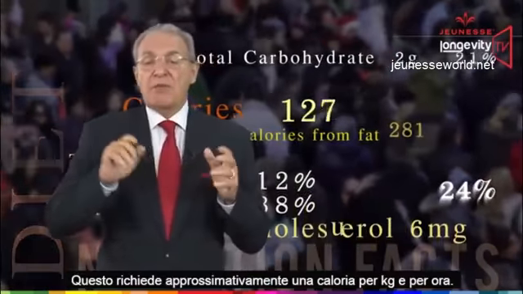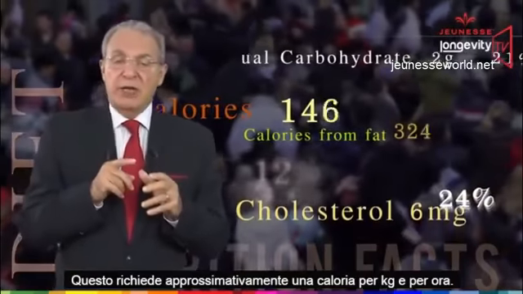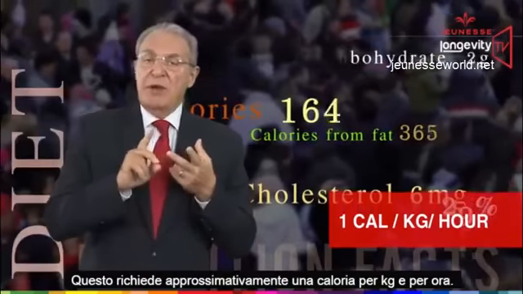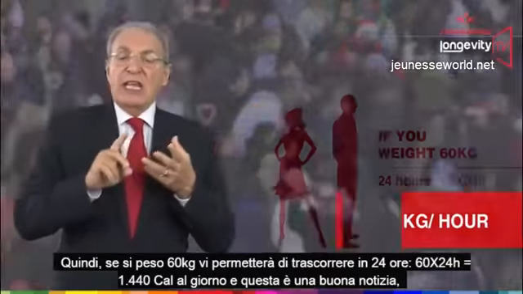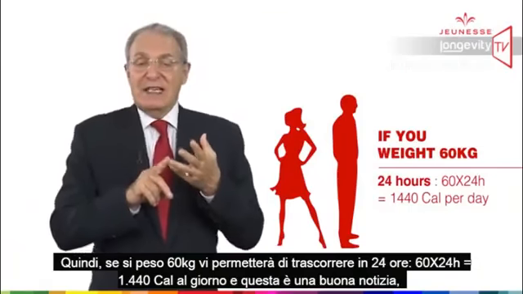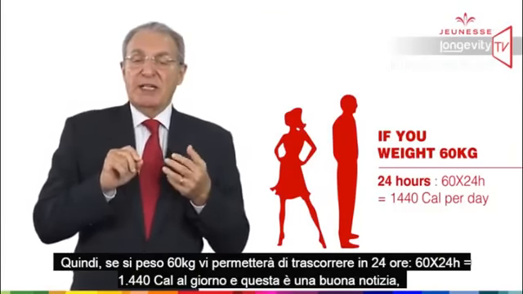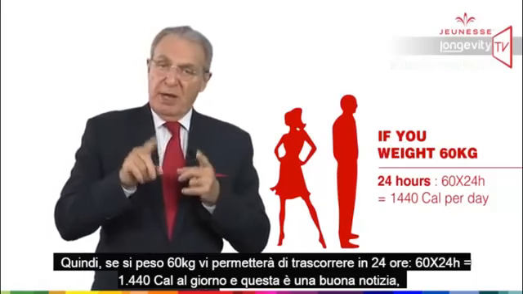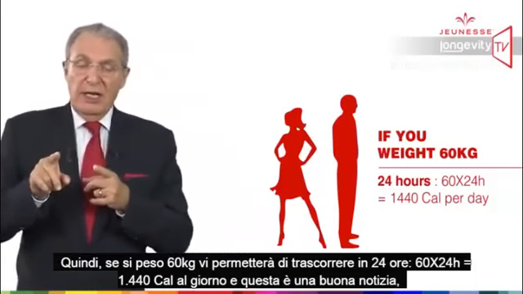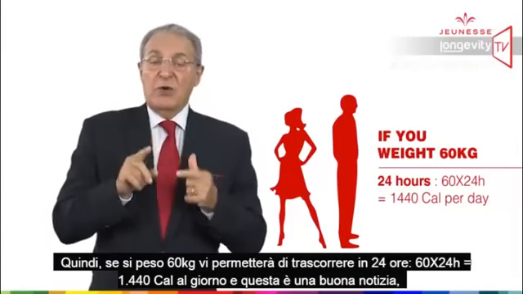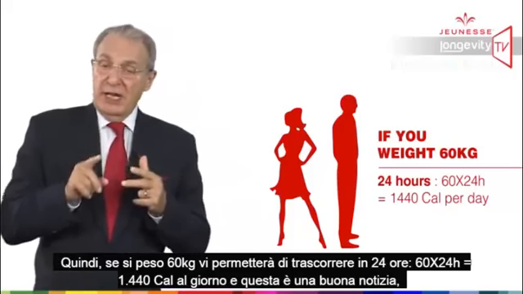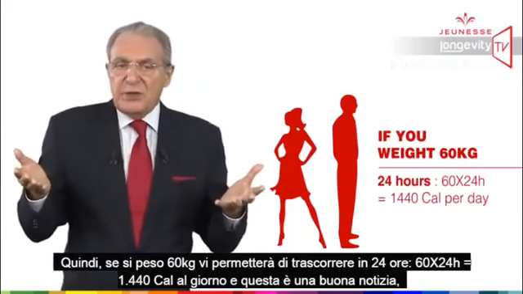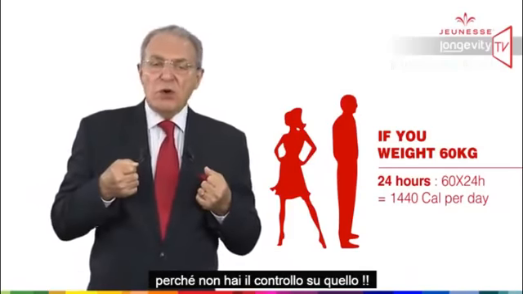This requires approximately 1 calorie per kilo per hour. So if you weigh 60 kilos, you will spend in 24 hours 60 multiplied by 24 equals 1,440 calories per day. And this is good news because you have no control over that.